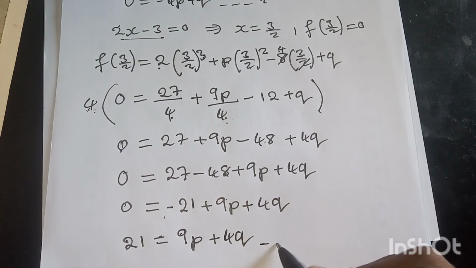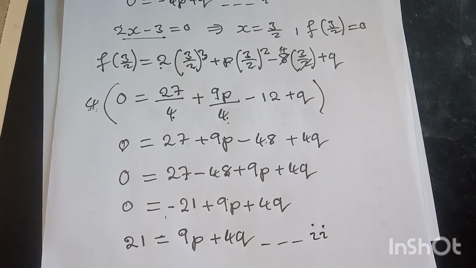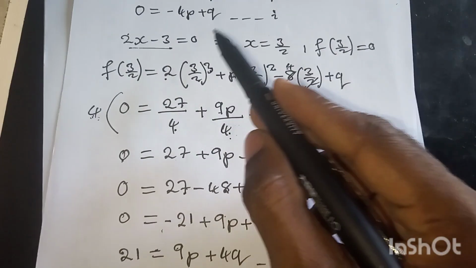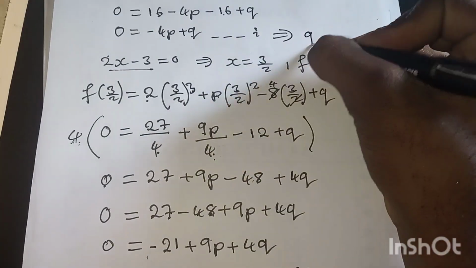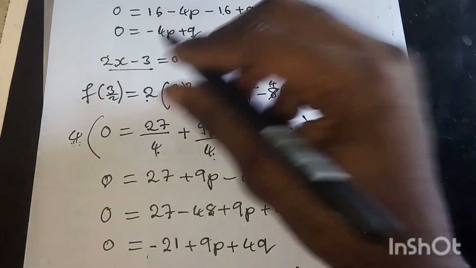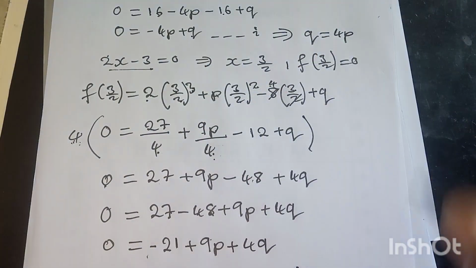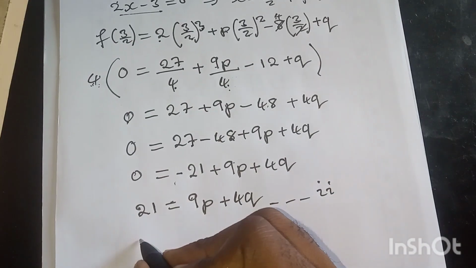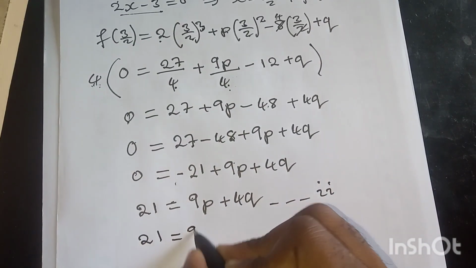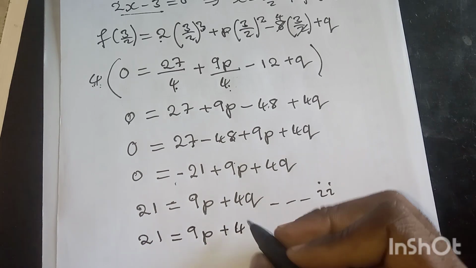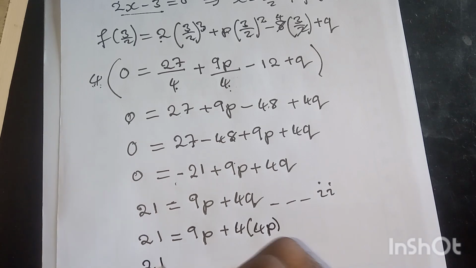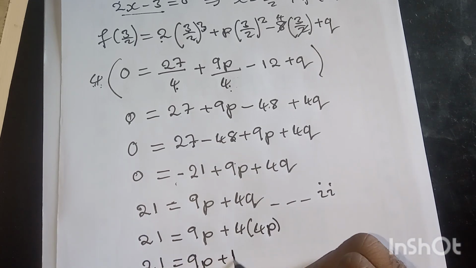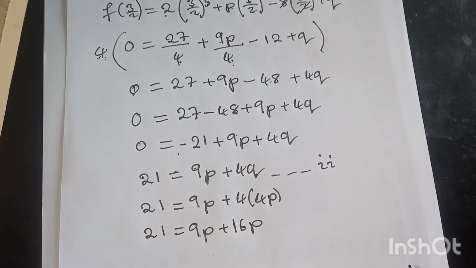So this is our second equation. We can solve it simultaneously with our first one there. So from here, I can just make q the subject of the formula. When you take 4p to the other side, this will be q is equal to 4p. So we can say 21 is equal to 9p plus 4, instead of having a q there, we can have a 4p. So we have 9p plus 16p. This plus this is 25.